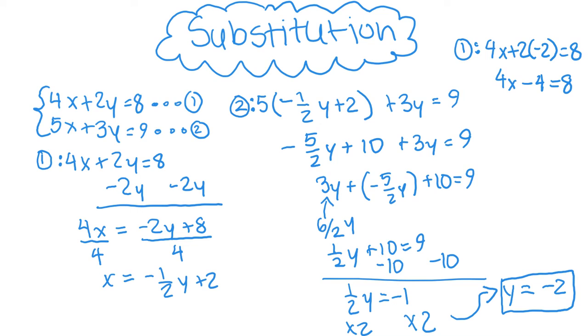Now that we've got this equation, we need to add 4 to both sides to isolate the x and the constant attached to x. That becomes 4x equals 12. Now it's simple. We just divide by 4.